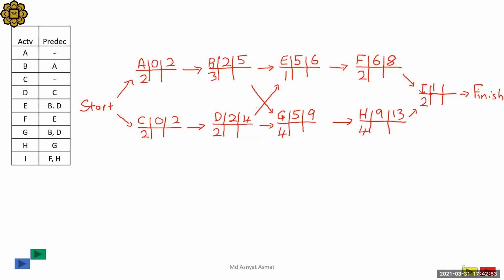Why 13? Because we have two predecessors, and we take the greater value of the early finish.